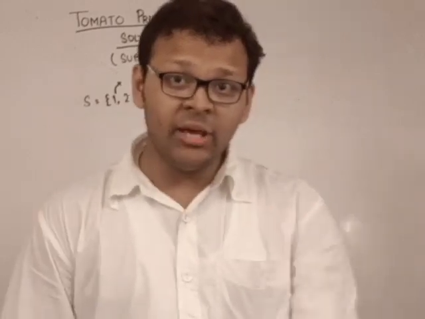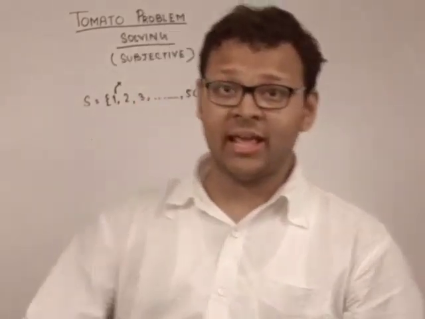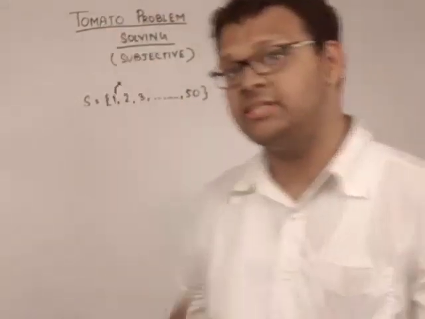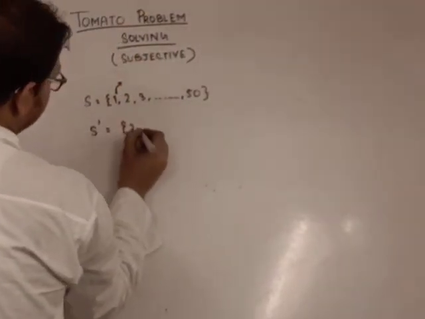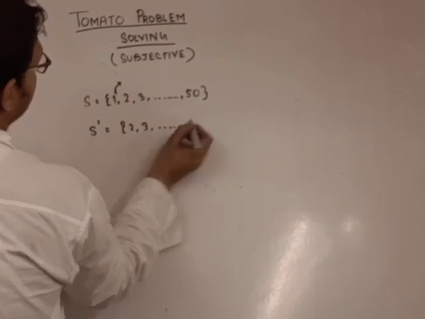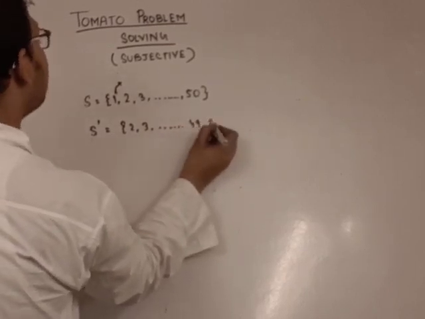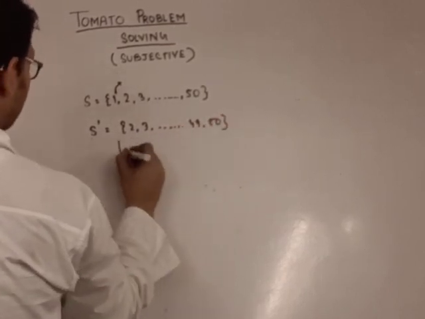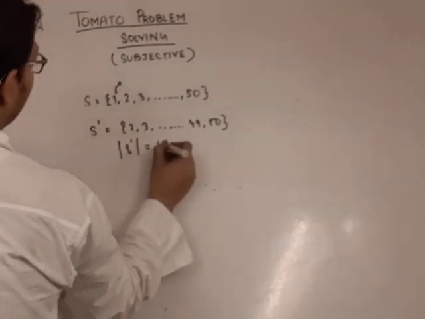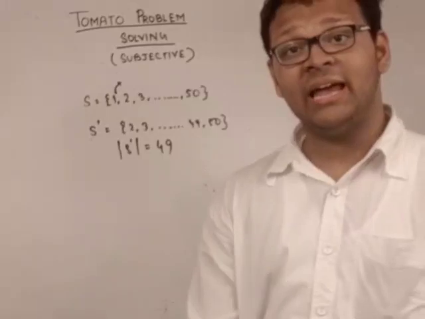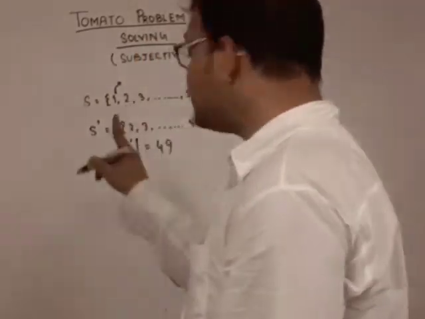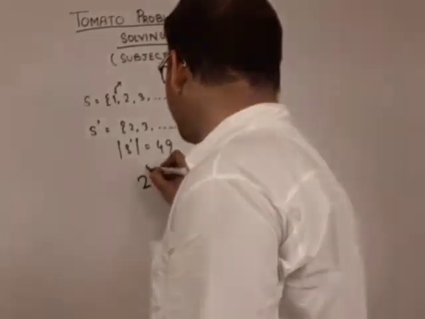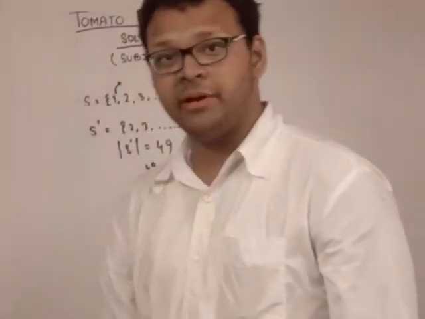If 1 is the fixed point, then I consider the set without the fixed point, say that set is S dash. How many numbers are there in S dash? The size of S dash is 49. How many subsets are there of S dash? 2 power 49. Now just hold on a bit.